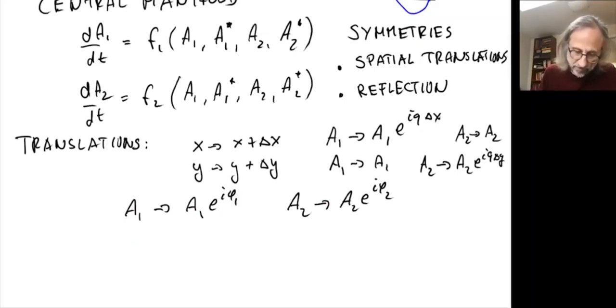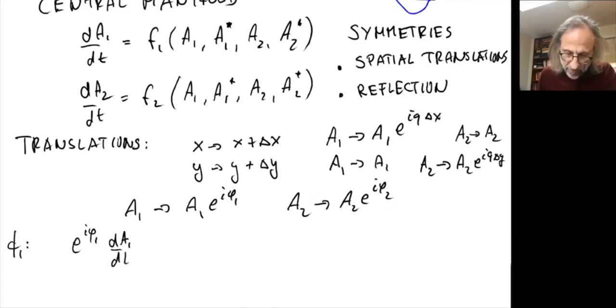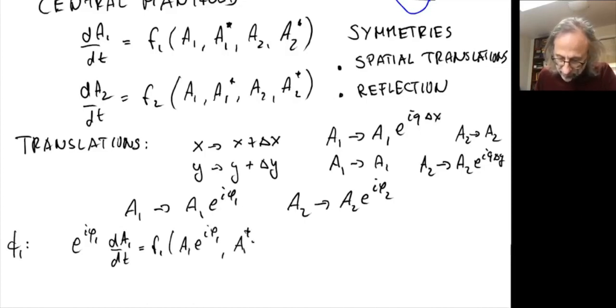Let's do the transformation for phi 1. On the left-hand side, we get e to the I phi 1 times dA1 by dt equals F1, where A1 goes to A1 times e to the I phi 1, A1 star goes to e to the minus I phi 1 times A1 star, and A2 doesn't do anything.